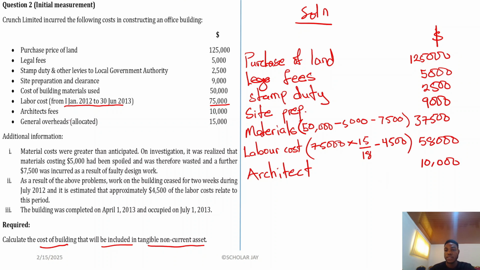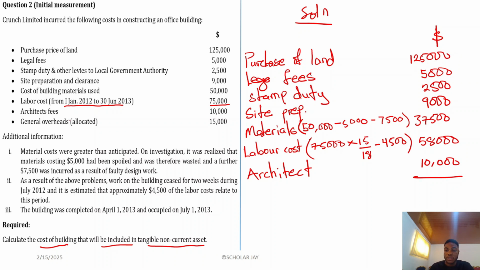So what it means is that the cost of the asset becomes 125,000 plus 5,000 plus 2,500 plus 9,000 plus 37,500 plus 58,000 plus 10,000. Right?